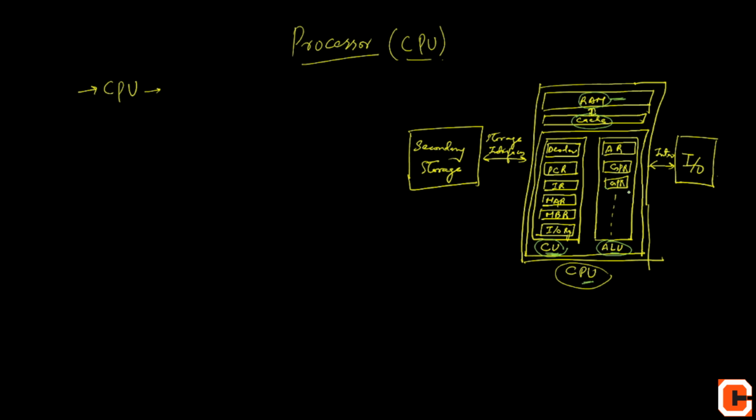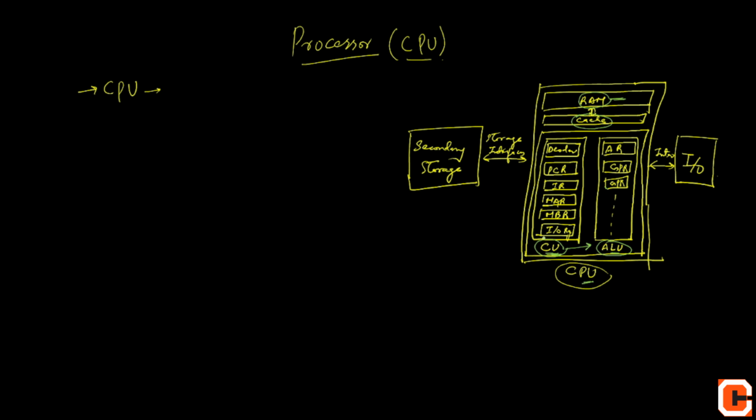When the control unit encounters any instruction that involves an arithmetic operation, such as addition, subtraction, multiplication, division, or any logical comparison such as less than, equal to, greater than, it passes control to the arithmetic and logic unit. This is what the arithmetic and logic unit does. So this was the basic explanation of the control unit and the arithmetic and logic unit.